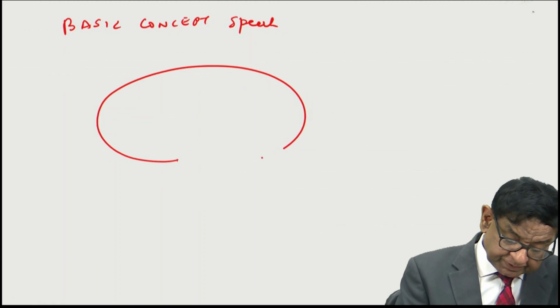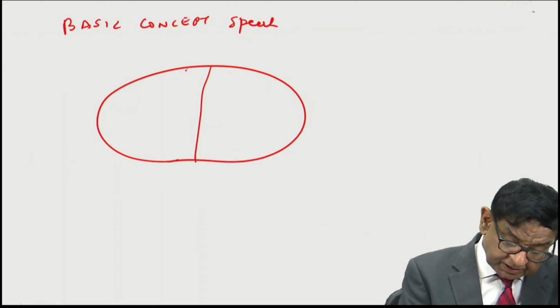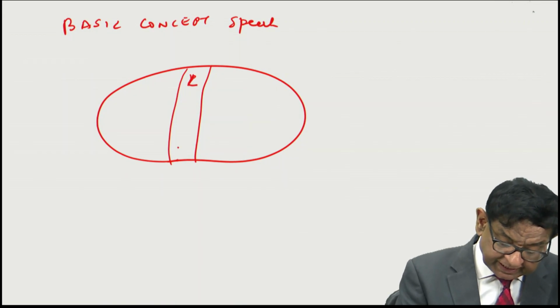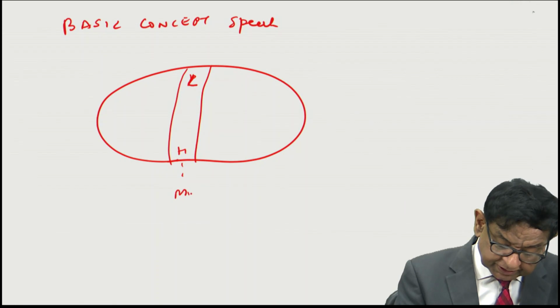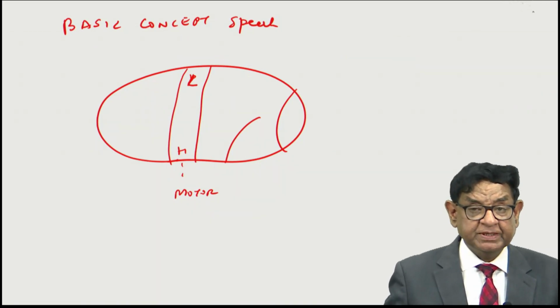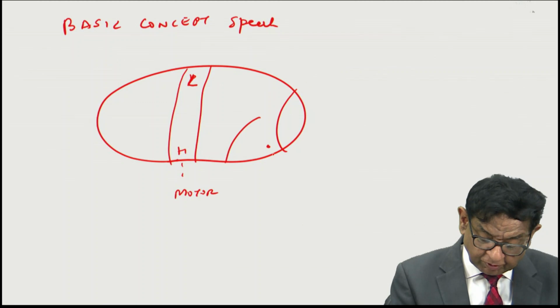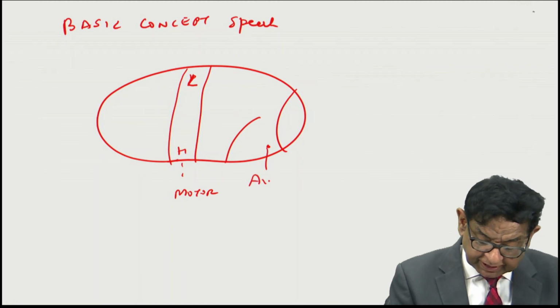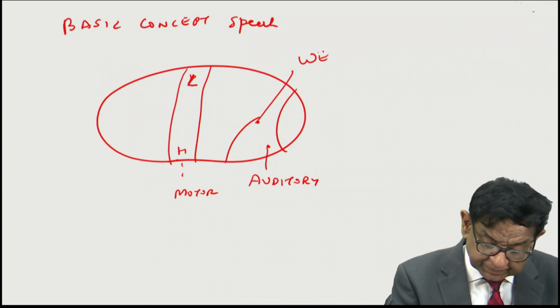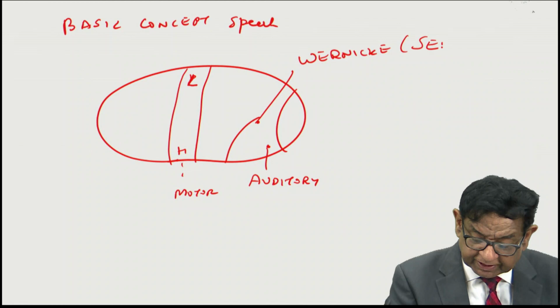Here is the brain, central sulcus, motor cortex, this is the head area, this is the leg area. This is motor cortex. This is the occipital lobe, temporal lobe, parietal lobe. In the posterior part of temporal lobe, we have an auditory area. And here we have a Wernicke area. Wernicke area is a sensory speech area.